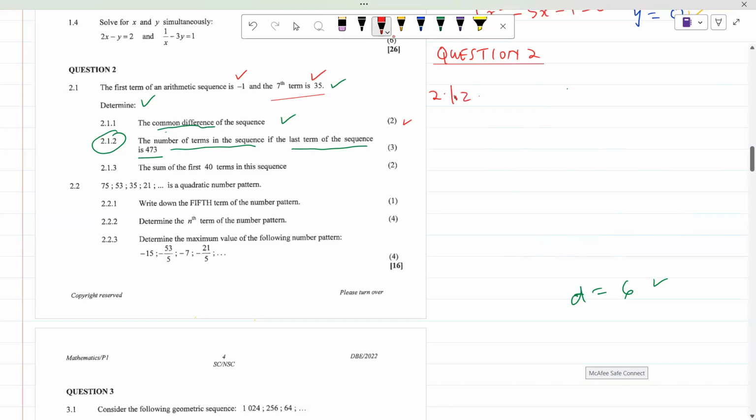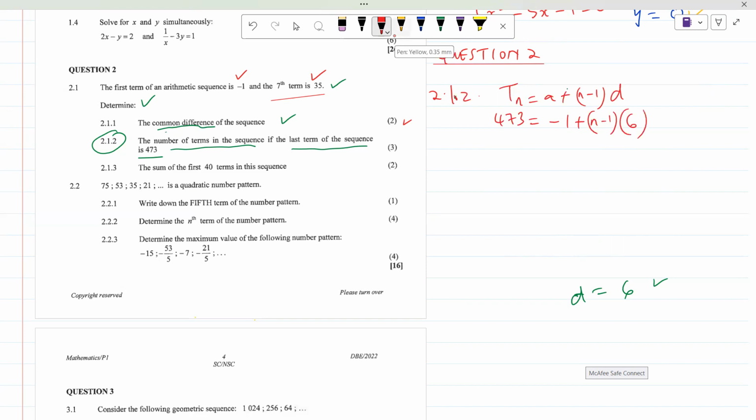When we're speaking about the number of terms in the sequence, if the last term is that one, at this point we are dealing with Tn. The last term is the nth term. So the nth term is 473, equals the first term, -1, plus n minus 1 into the common difference. We found the common difference to be exactly 6.